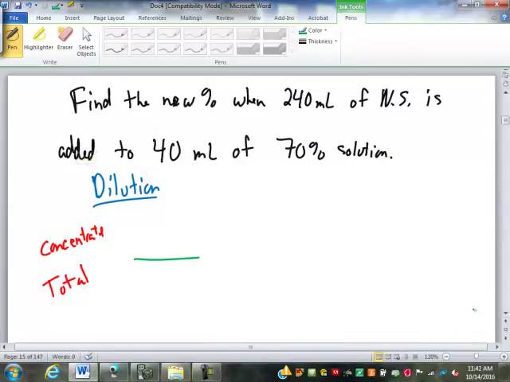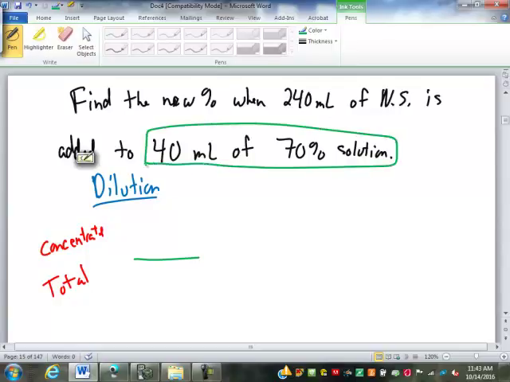So again, to do this one, we need to have our ratio of concentrate to total. How much concentrate did we use here? 40 milliliters of the 70% solution. What's our total volume? Here are 40 milliliters plus the 240 milliliters of NS.